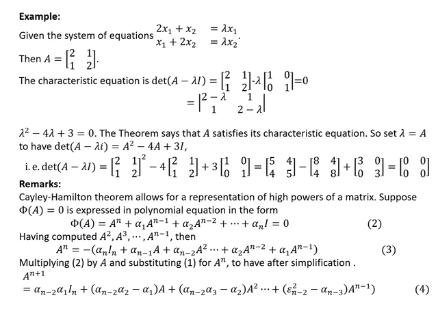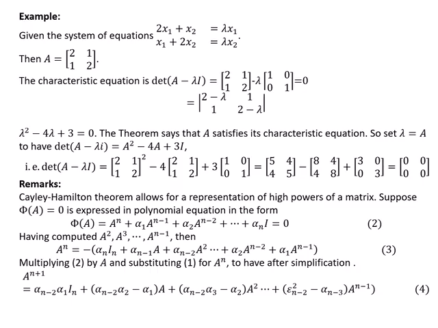The characteristic equation is given as the determinant of A minus lambda I, where I is the identity matrix and lambda is a constant, and A is the matrix from the equations given to you, 2, 1, 1, 2, a 2 by 2 matrix, minus lambda times the identity. The identity for a 2 by 2 matrix is 1, 0, 0, 1, and this is equal to 0. So when you subtract, you have 2 minus lambda, 1, 1, 2 minus lambda.